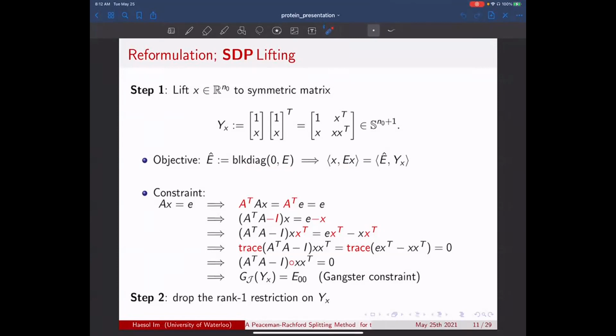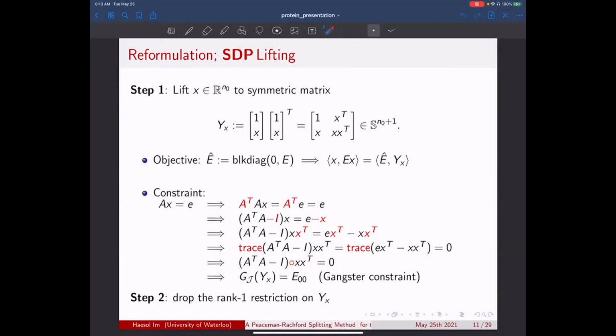For the constraint, Ax equal to e reflects that one rotamer has to be chosen from each rotamer set. The next steps are quite elementary. We pre-multiply this matrix, subtract x from both sides, multiply this row vector on both sides, and take the trace. What I want to emphasize is the second last line.